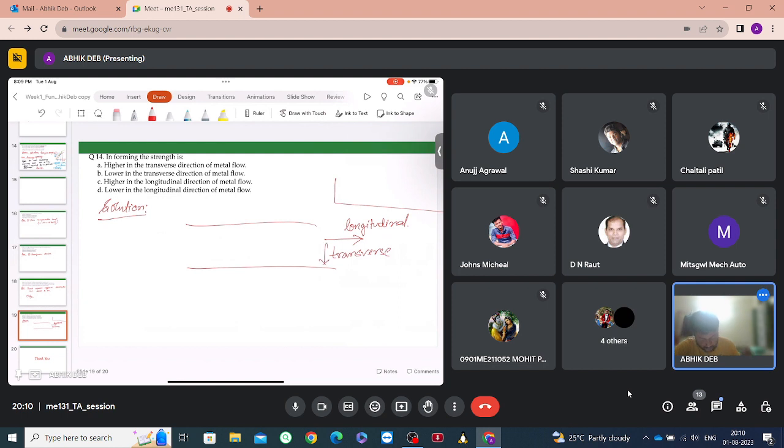When we are doing any forming process, the grains will start getting aligned in the longitudinal direction, like this. So in which direction will the strength be more, the longitudinal direction or the transverse direction?